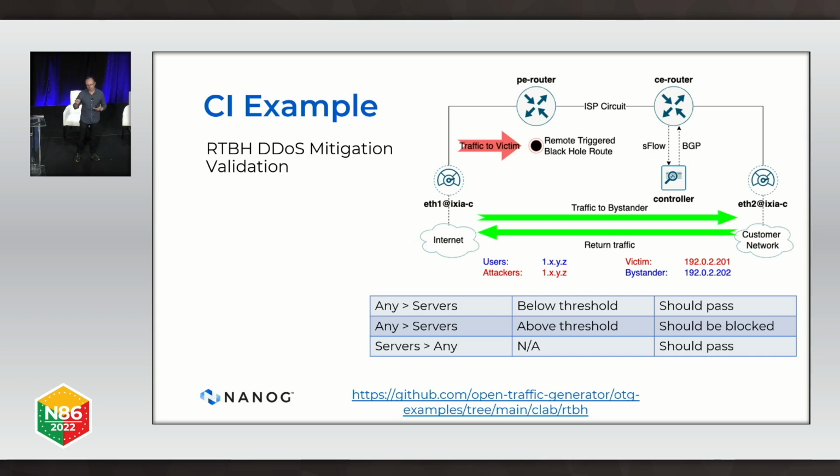This setup is a showcase for DDoS mitigation using RTBH. We have an sFlow controller that gets information about flows flowing through the network, and if there is any flow with a traffic rate above a certain threshold, it considers that a DDoS attack and installs a route on the ISP side that will black hole all this traffic.